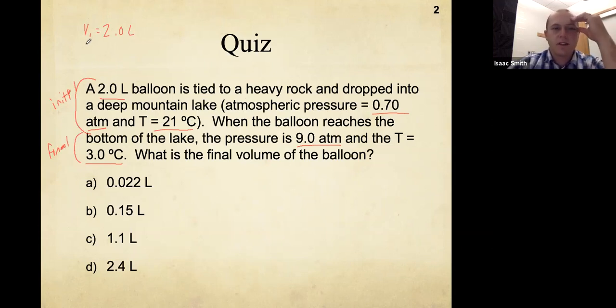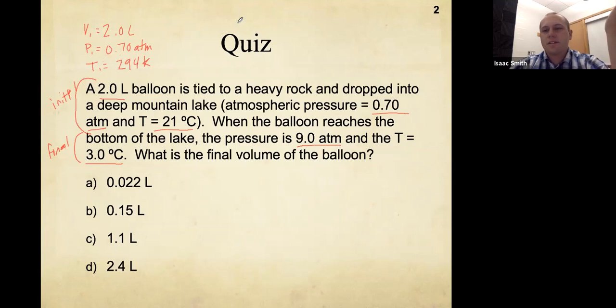So we'll consider that initial, right? So the initial pressure is going to be 0.70 atmospheres. And the initial temperature is going to be 21 degrees Celsius, which should be 294 Kelvin. And for Kelvin, you just add 273 to whatever the Celsius number is.